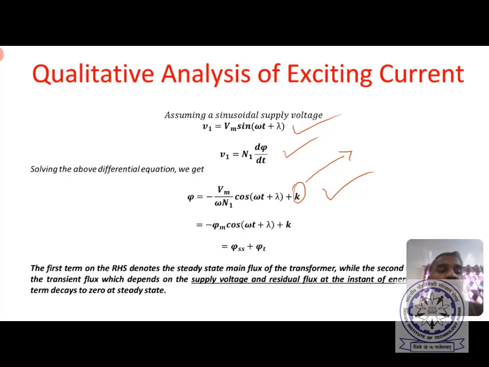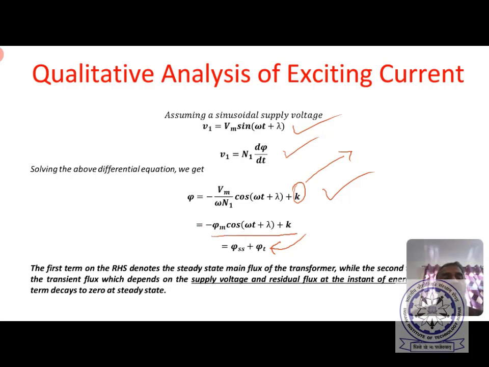Under steady state, this term k will not be there. That's why it is written as some transient portion phi of t. We will soon see what it is exactly. So phi equals minus phi m cos(omega t plus lambda) plus k.